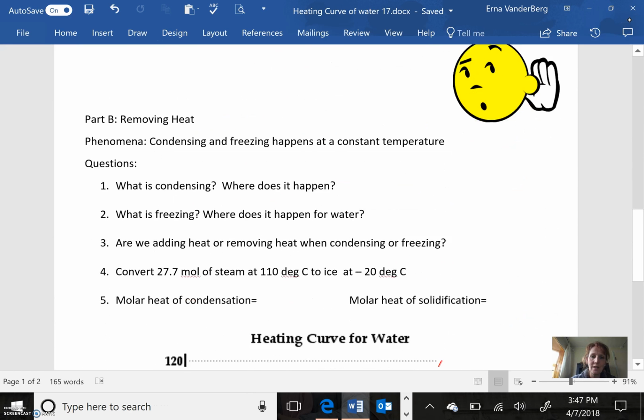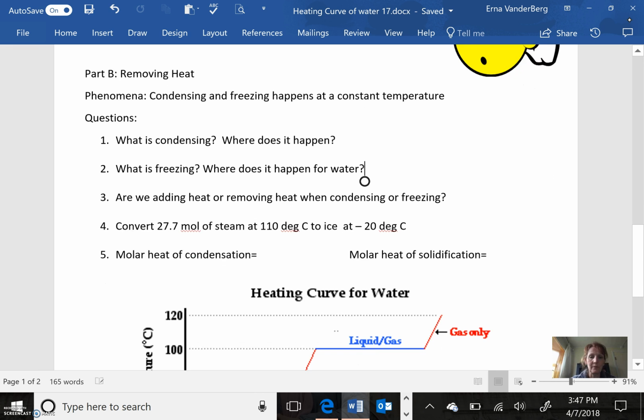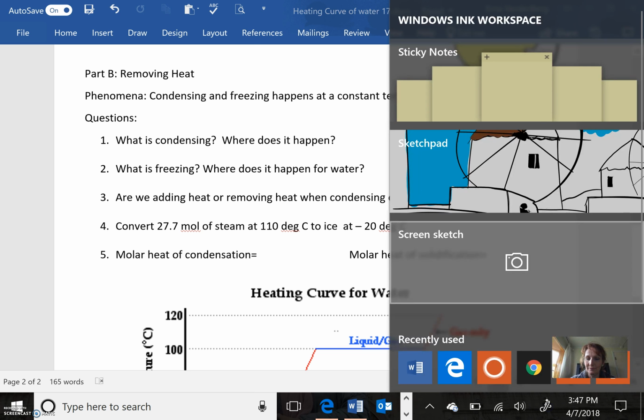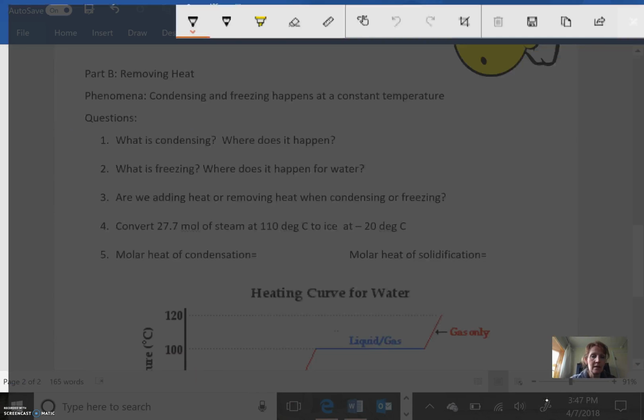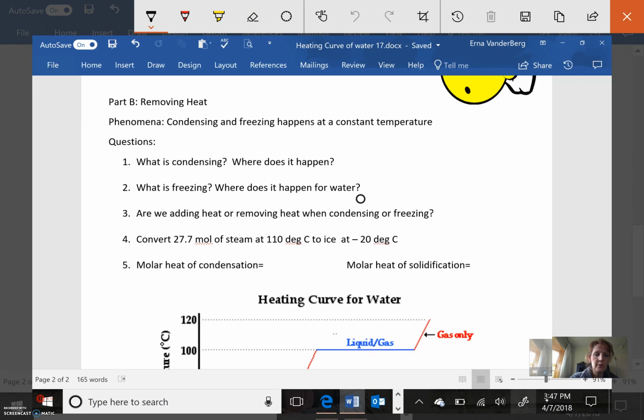Now let's just take a look at the opposite, okay? Condensing and freezing. The words condensing and freezing, let's think about that. What is condensing?